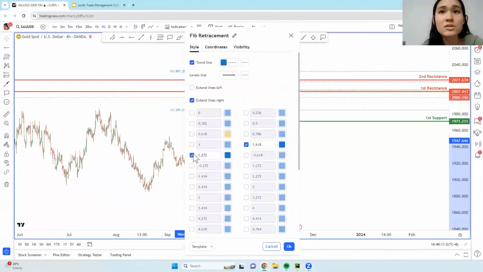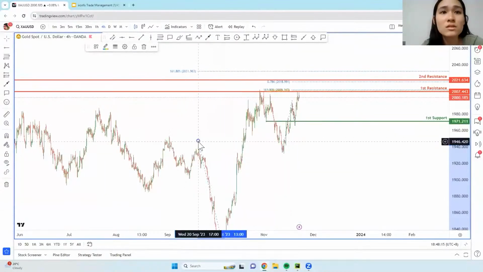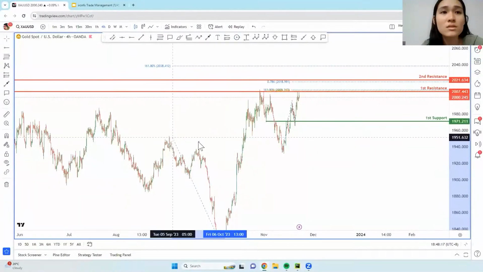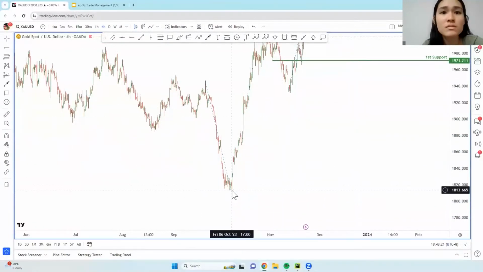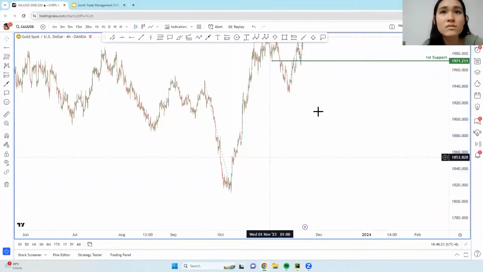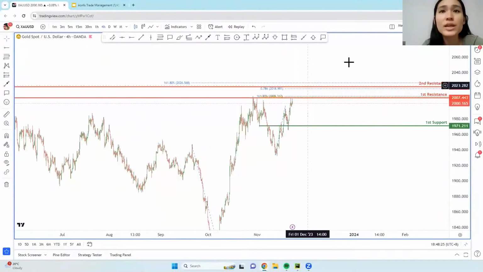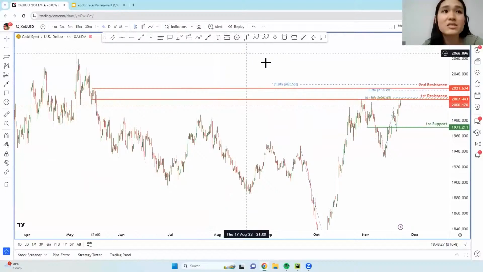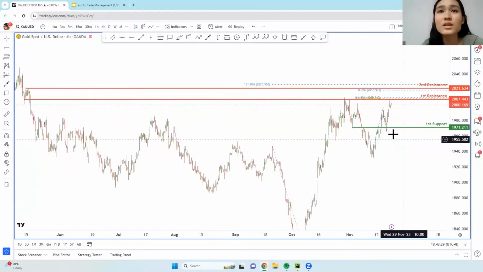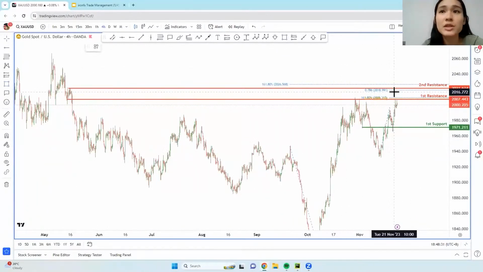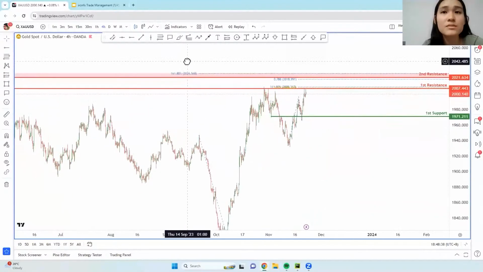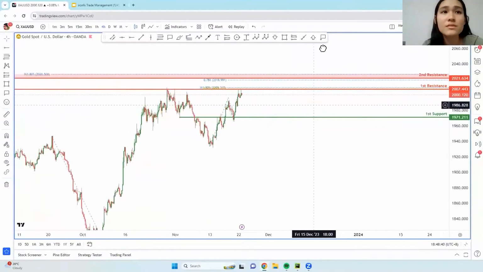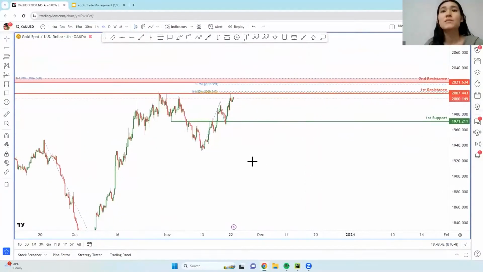My 161.8 kind of lines up with my second resistance as well. So I'm just gonna highlight it because it's also in line with a 78.6. Okay, I think that's about it.